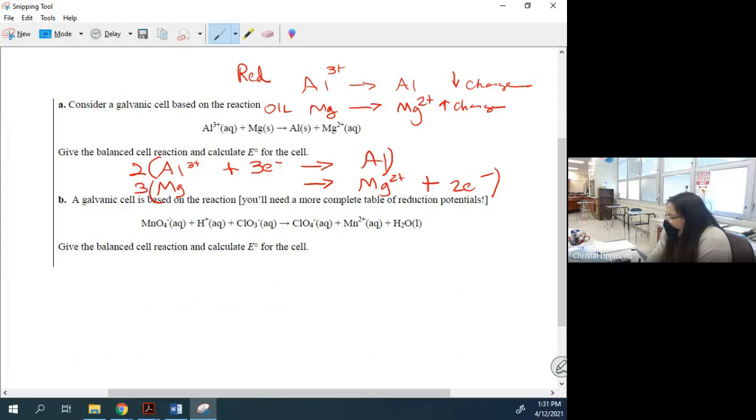Okay. I got to go down here because I ran out of room. So this is going to be 2Al 3. Oh, I guess I could probably just erase and do that. 2, 2, 2.